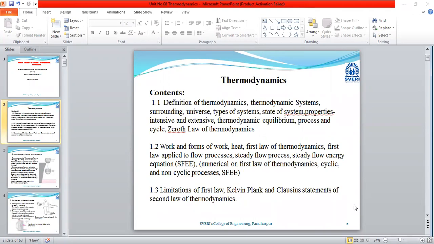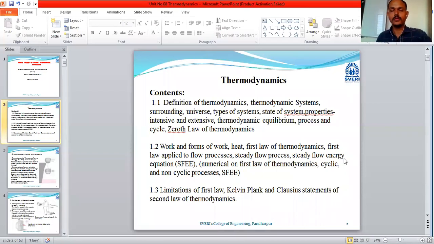First is the definitions or terms related to thermodynamics, and in the other part the points added are work, forms of work, heat, first law of thermodynamics, then second law of thermodynamics, then cyclic process, non-cyclic process. These are the parts we have added here.